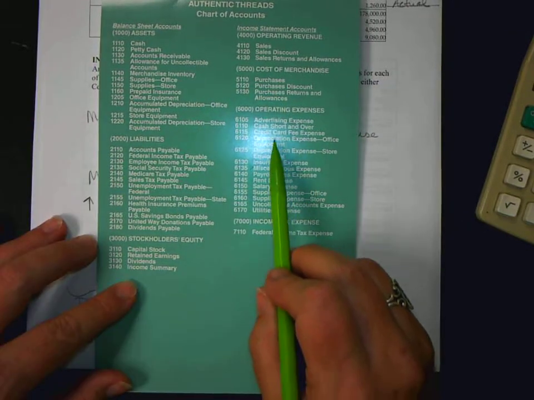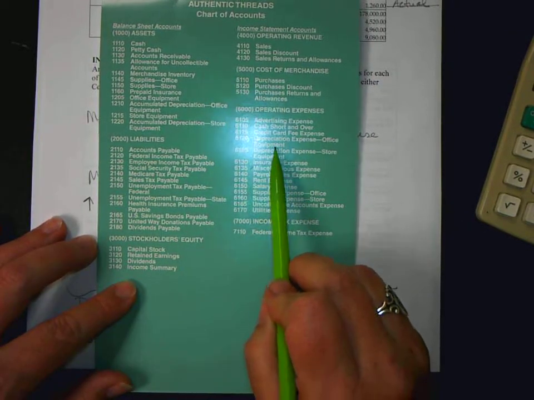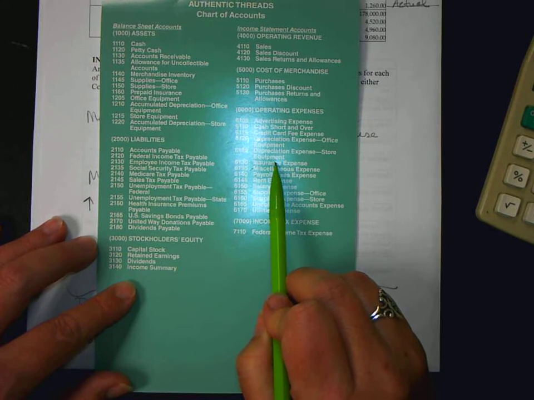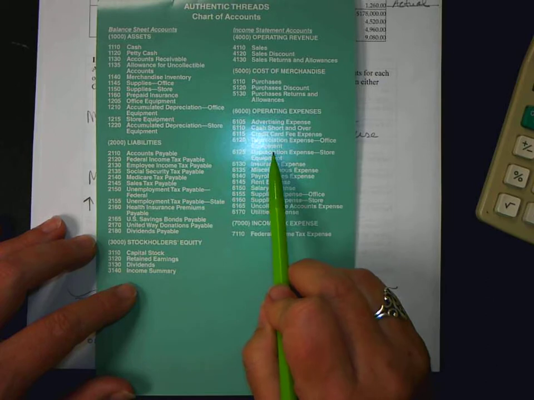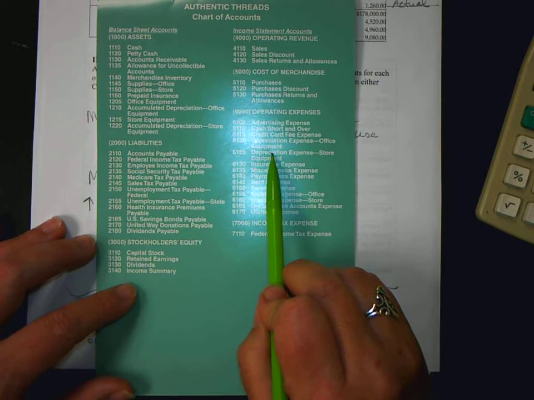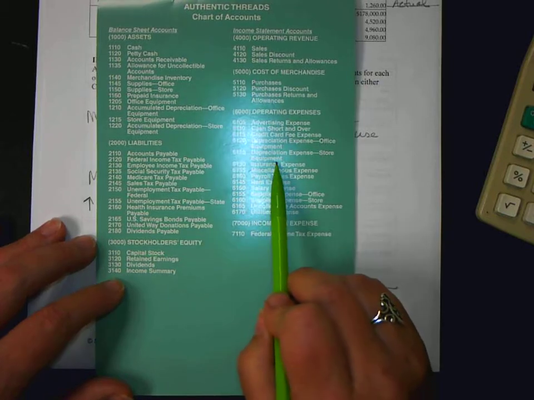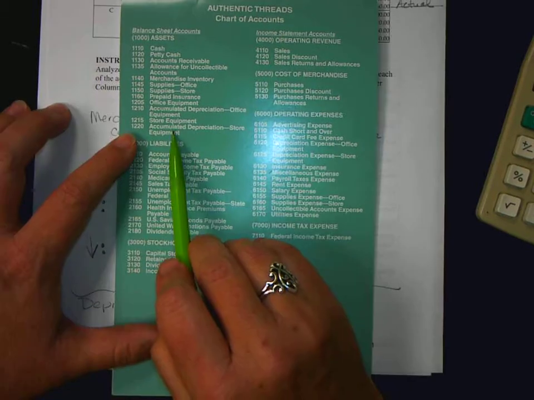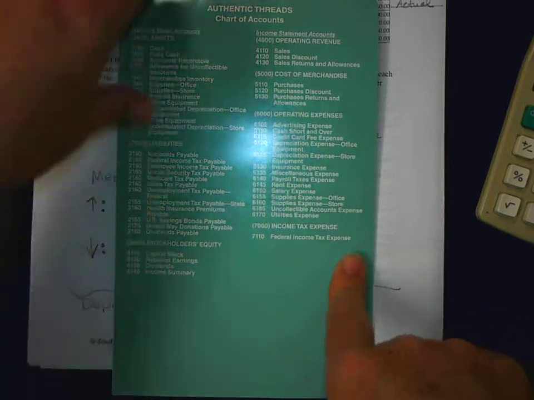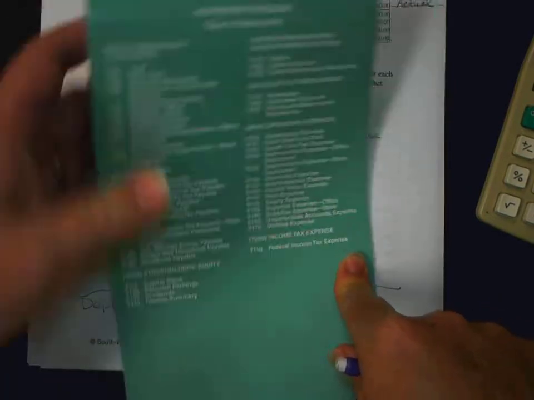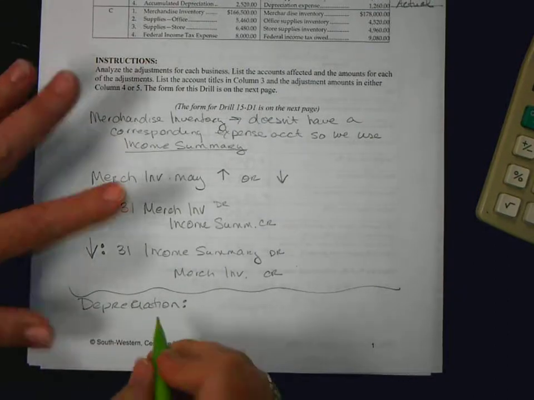Depreciation expense here, you can see that we have store equipment, that would be like cash registers, things like that. Office equipment, copiers, computers, maybe something like that. And then over here, accumulated depreciation. Expense is always our what? Debit or credit? Debit.